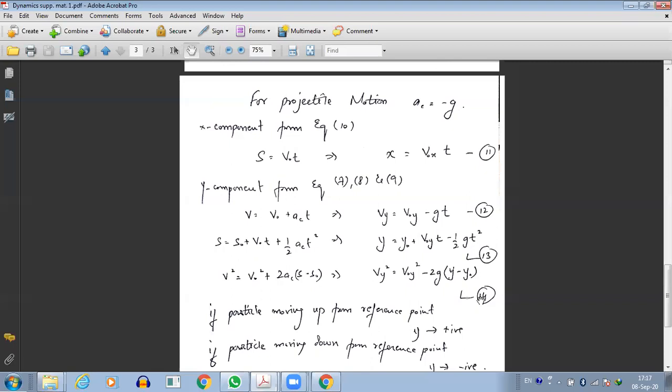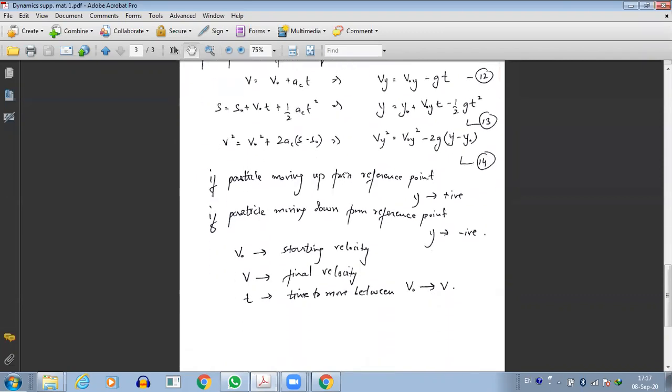If any student uses equation 12, 13, or 14 for the x component, that is a mistake. So you need to understand which equation to use where. If you misuse any equation in any situation, it will be considered a mistake. Is it clear?